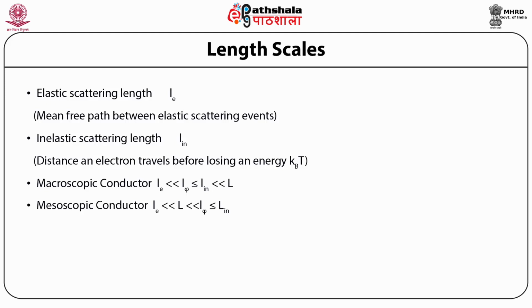Now the conditions on the length scales which categorize macroscopic and mesoscopic conductors are: for a macroscopic conductor, Le is very much less than L phi, less than or equal to Lin, very much less than capital L. For a mesoscopic conductor, Le is very much less than capital L, very much less than L phi, less than or equal to Lin.